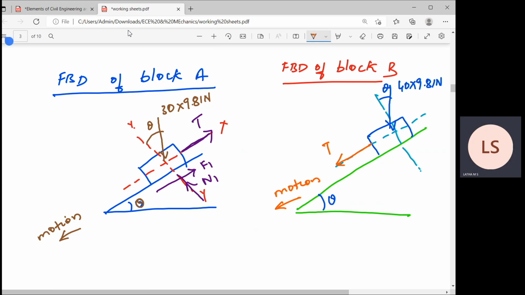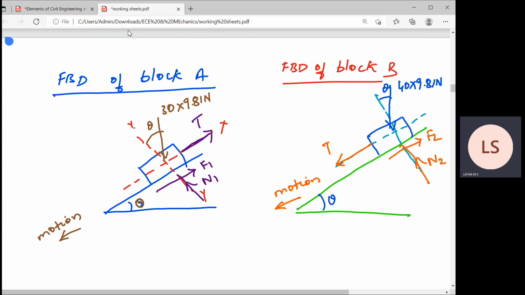So we'll indicate the friction as F2 and N2. Why am I indicating F2 and N2 and F1 and N1? Because there are two different surfaces. It is meeting at two different surfaces. Though the plane is the same, surfaces are different.